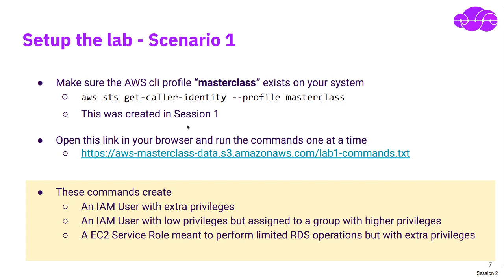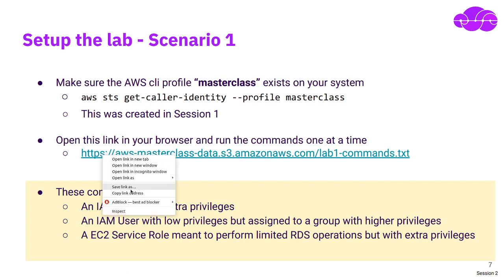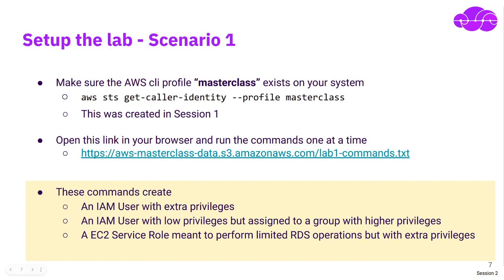I'll just give you the link that's mentioned here. These are all AWS CLI commands that will set up some users. Specifically, these commands will create an IAM user with extra privileges, create a group, and an EC2 role, a service role meant to perform limited RDS operations, but will have extra privileges.